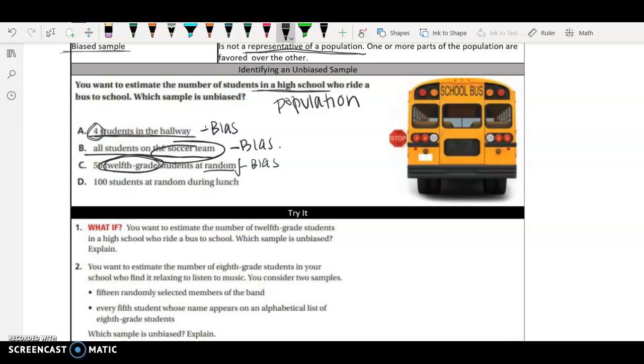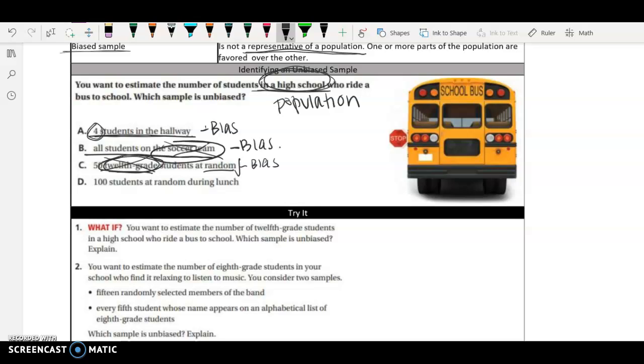If I'm asking all 12th graders, most 12th grade students can drive, which means that most of those students probably drive to school or have a friend that can drive them to school. So that's not representing my whole high school. In high school, we have freshmen, sophomores, juniors, and seniors. We need to represent all of them. So 12th grade does not represent all of my high school.